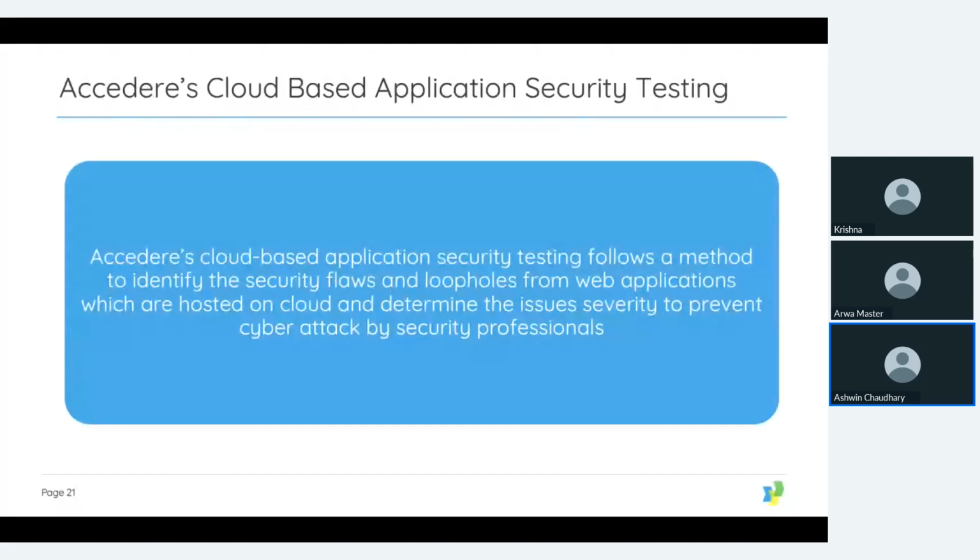So at SCDF, what we do is cloud-based application testing. We follow best practices in our methodology and use NIST and the OWASP Top 10 to make sure that we look at the application from a 360-degree angle and all the major flaws and aspects are covered.